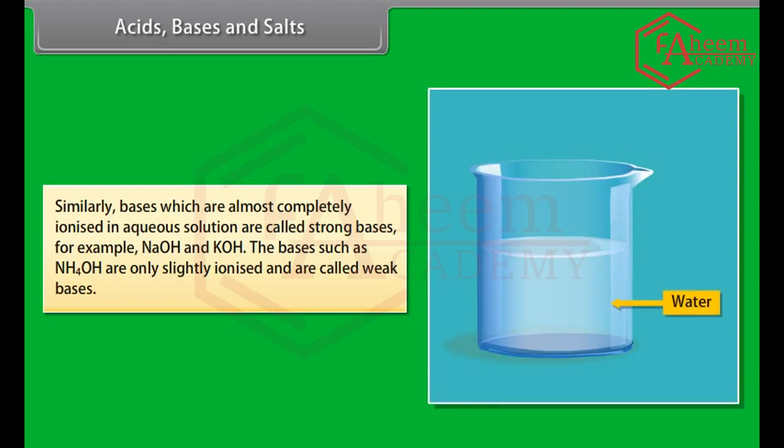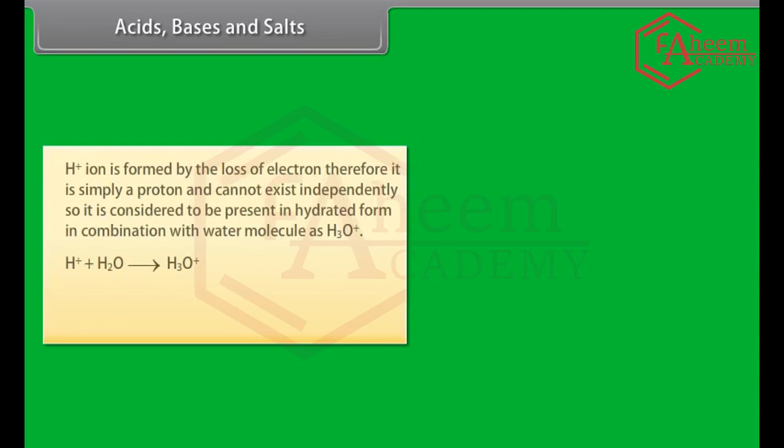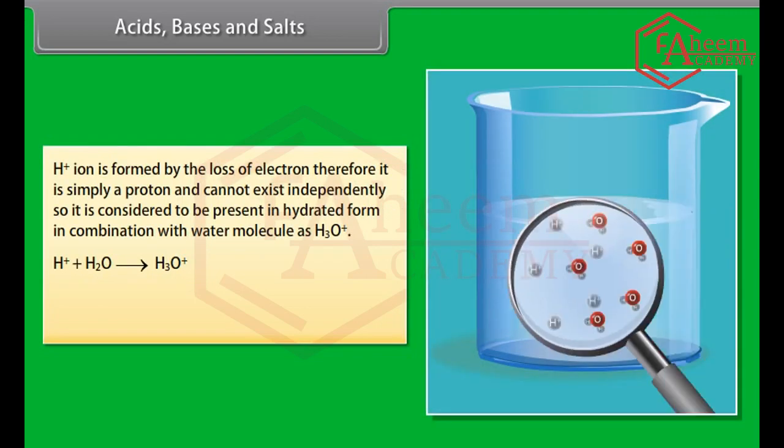Similarly, bases which are almost completely ionized in aqueous solution are called strong bases. For example, NaOH and KOH. The bases such as NH4OH are only slightly ionized and are called weak bases. H+ ion is formed by the loss of an electron, therefore it is simply a proton and cannot exist independently.